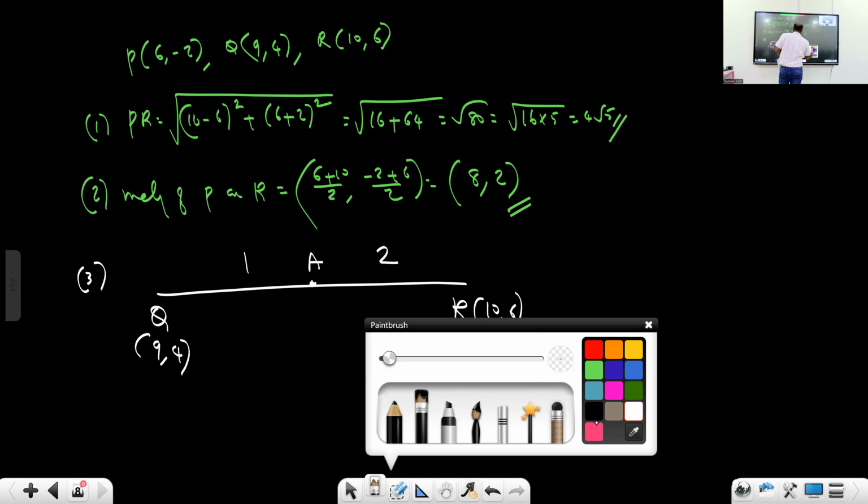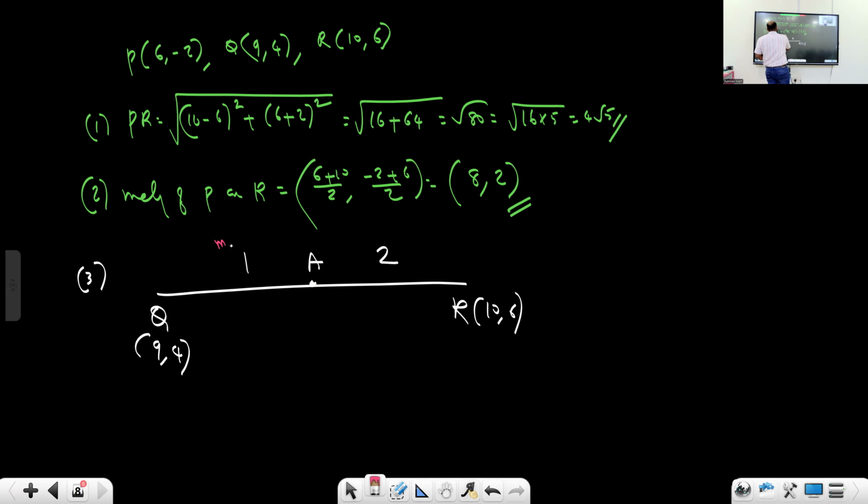Now this one, use section formula. This is your M1 and M2. This is your X1, Y1. This is your X2, Y2. We want to get the coordinate of A. What is the formula? I told you one technique: 1, 2 and 2, 1.